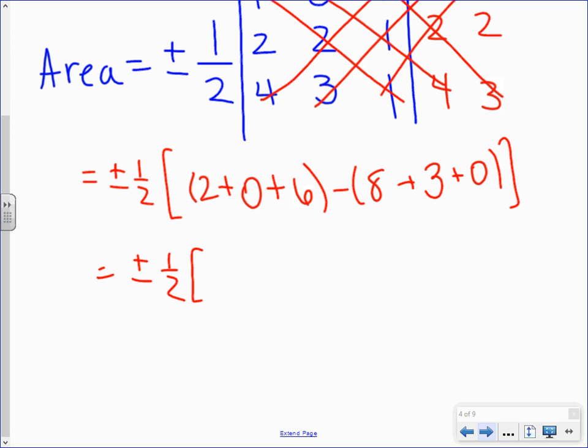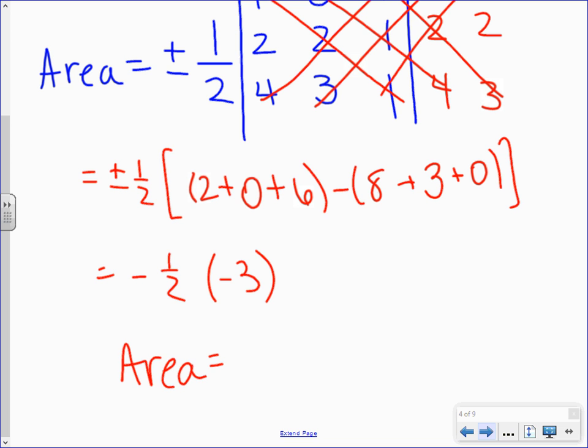Okay. So our determinant is 8 minus 11, right? So what's our determinant? -3. If we want area to be positive, that means we're going to choose the -1/2.